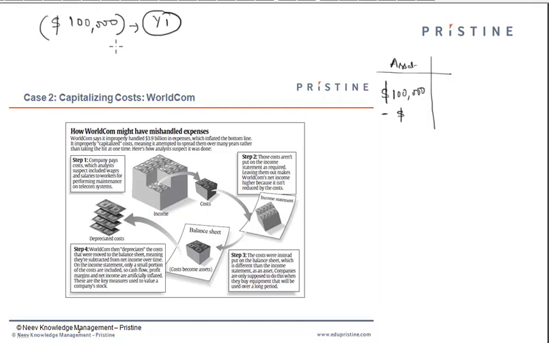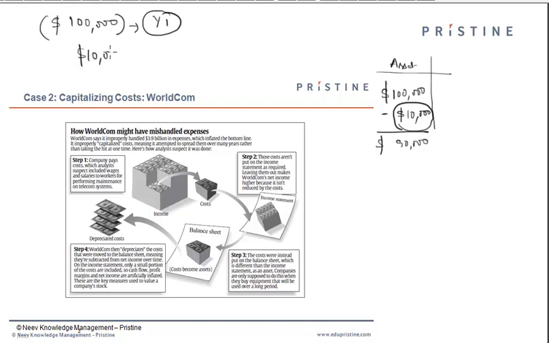Let's say this cost was depreciated over the next 10 years, so the depreciation cost per year comes out to be $10,000. So the value of the asset at the end of year 1 is $90,000, and only $10,000 got hit in the P&L statement.